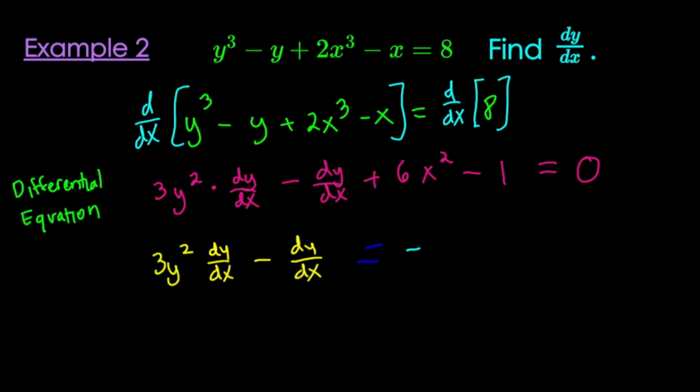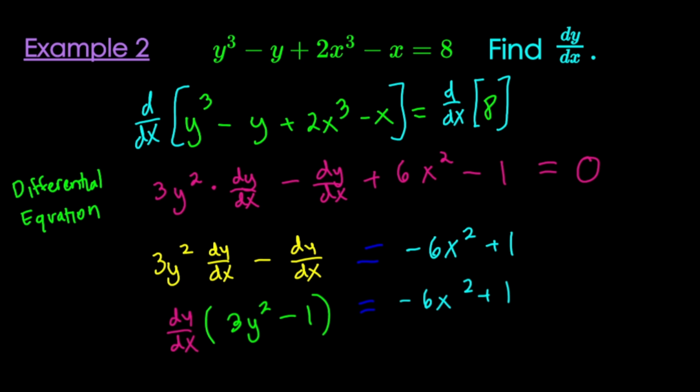So we'll get negative 6x squared plus 1. The purpose of having all of the terms with dy dx on one side is so that we can factor out dy dx from both of those terms. And what remains is 3y squared minus 1. The right-hand side stays the same.